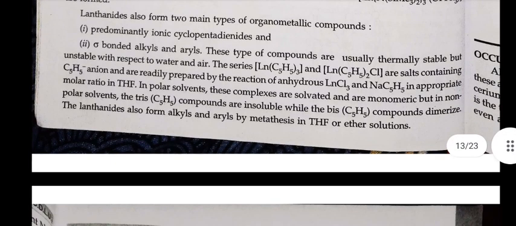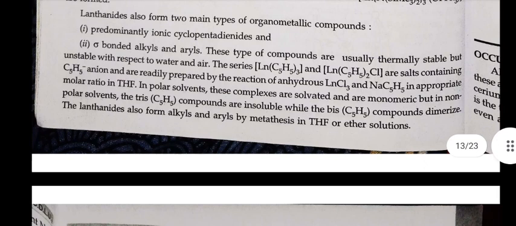Lanthanides also form 2 main types of organometallic compounds: predominantly ionic cyclopentadienides and sigma bonded alkyls and aryls. These types of compounds are usually thermally stable but unstable with respect to water and air.